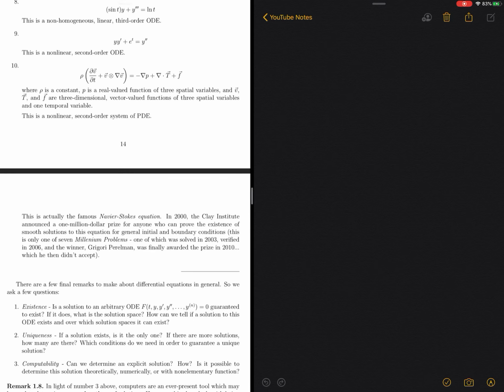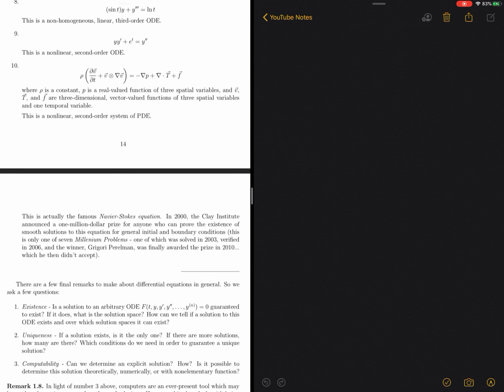I'll give you one quick note from our last video. The last equation in the classification video is the famous Navier-Stokes equation. It is a first-order equation, so by what we talked about last time, this should be a relatively easy differential equation to solve. But it is very nonlinear, and this is actually what kills our ability to solve it explicitly.